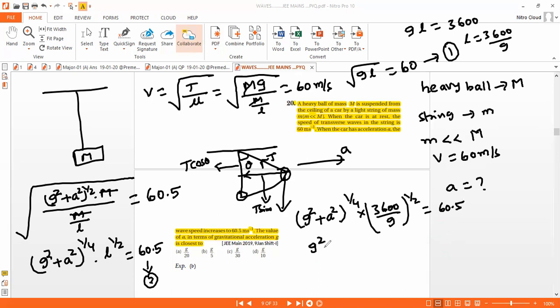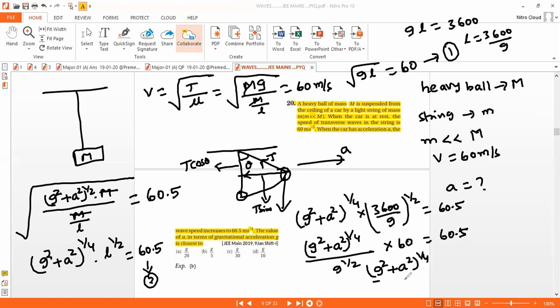That is (G square plus A square) whole power 1 by 4 by G power half into 60 is equal to 60.5. Solve this one. (G square plus A square) whole power 1 by 4 by G power half is equal to 60.5 by 60. How much it will be? 60.5 divided by 60, that is 1.008.